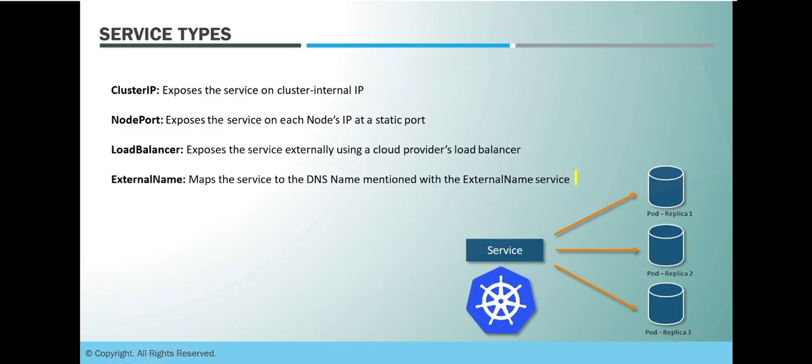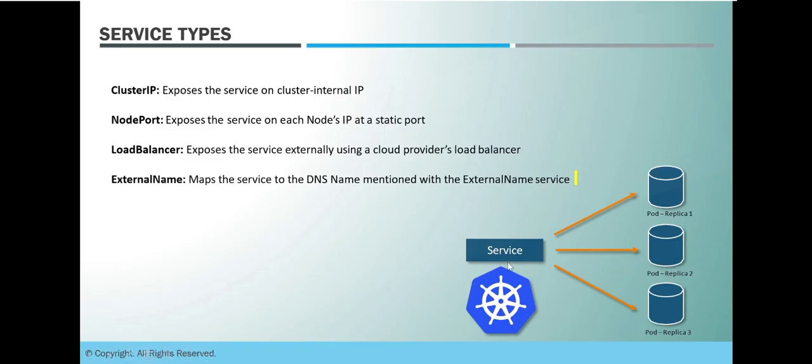It's always preferred to use a load balancer service when you are using a cloud instance to deploy your pods and create a service, because load balancers are automatically created in your cloud service provider's environment, and you do not need to take care of additional steps to create a load balancer manually. So this way the load balancer service will be used when you are using a cloud VM.